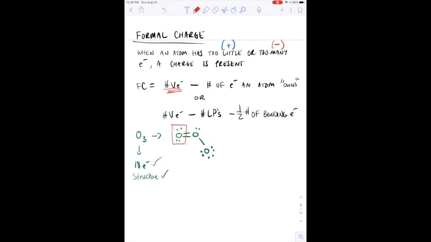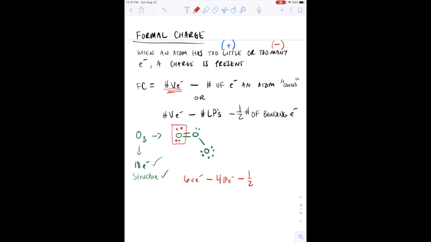So the oxygen here that I boxed in red, the number of valence electrons is always going to be the same in this molecule because they're all oxygens. So they all technically come in with 6 valence electrons. That's an inherent property, if you will. So 6 valence electrons minus the number of lone pairs that it has. So let's highlight those 2 lone pairs. And so rather than put 2 lone pairs, we're going to put 4 lone pair electrons, because that's really what we're focusing on.